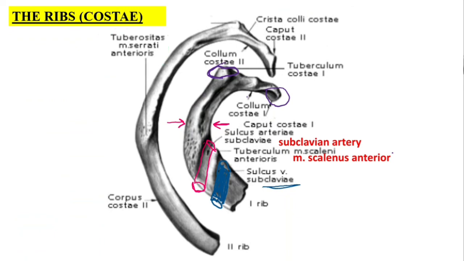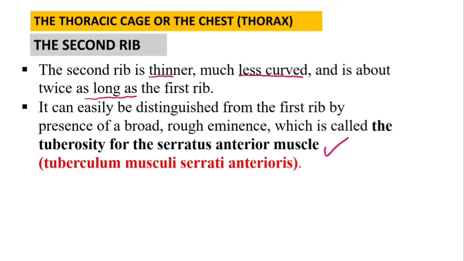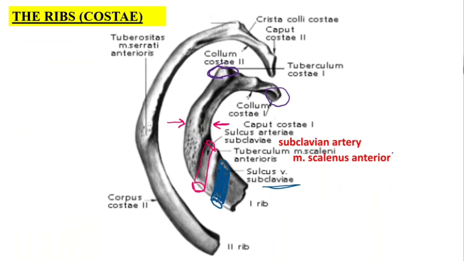This one is the second rib. Here, tuberositas musculi serrati anterioris, and you can also see that it's long and less curved.